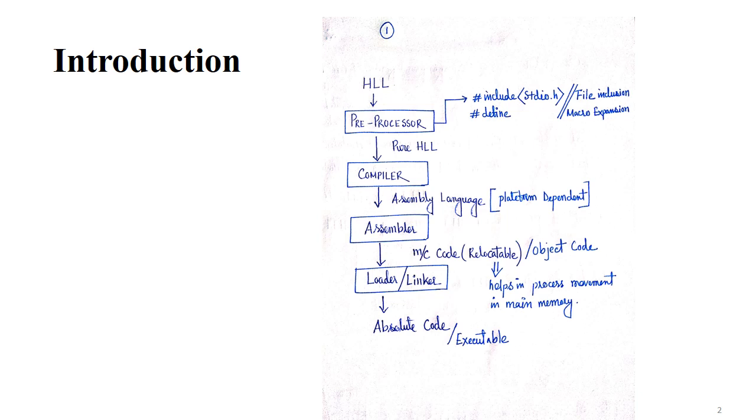When I say that your pure high-level language doesn't contain header files or macro expansions, it doesn't mean that they don't have that information. Actually, for that stdio.h file, the preprocessor stage directly pastes or writes all those lines which are inside the header file.